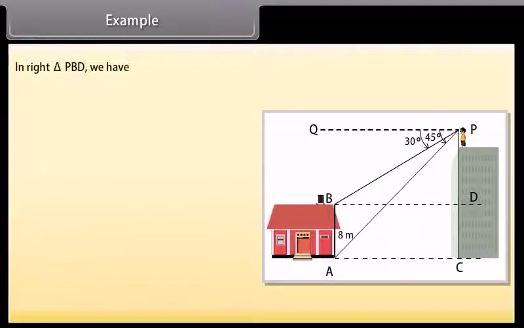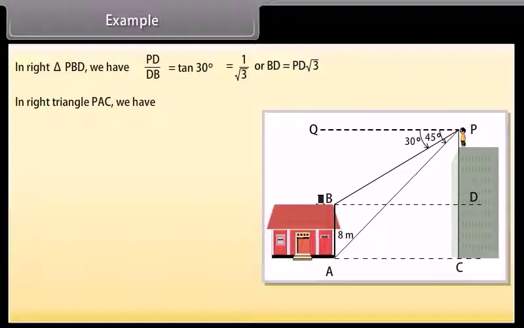In the right triangle PBD, we have PD upon DB equals tan 30 degrees, which is equal to 1 upon square root 3, or BD is equal to PD square root 3. In right triangle PAC, we have PC upon AC equals tan 45 degrees, which is equal to 1.